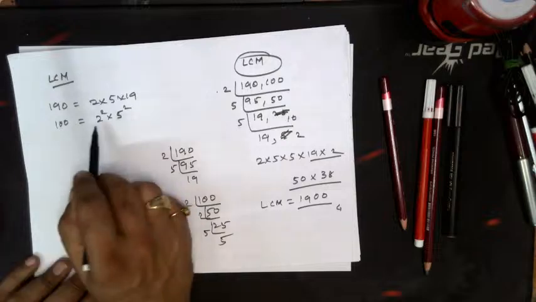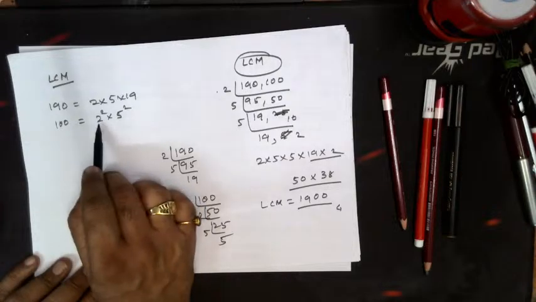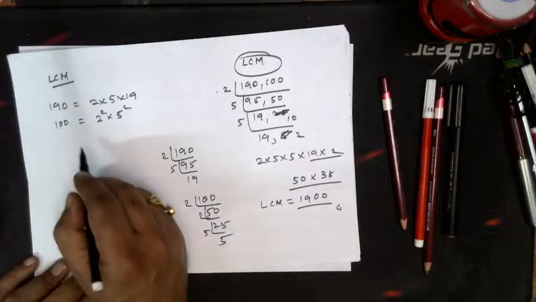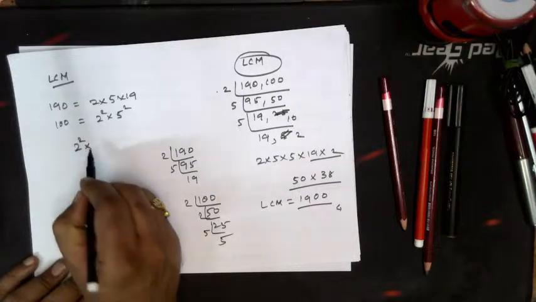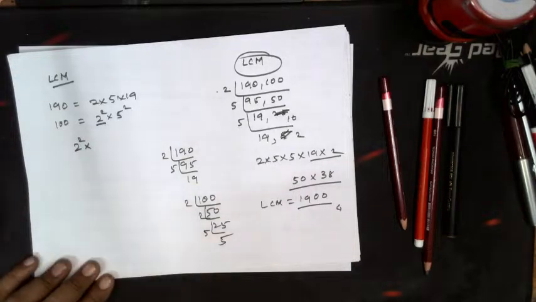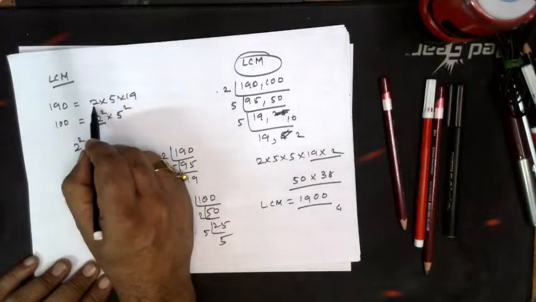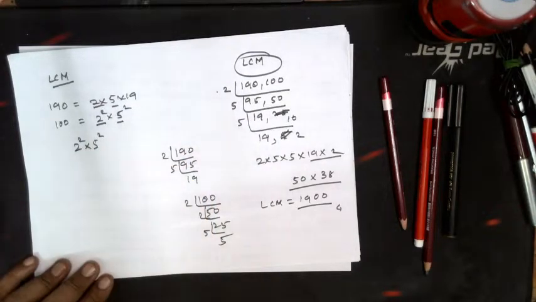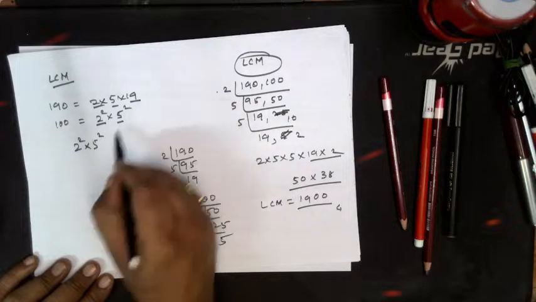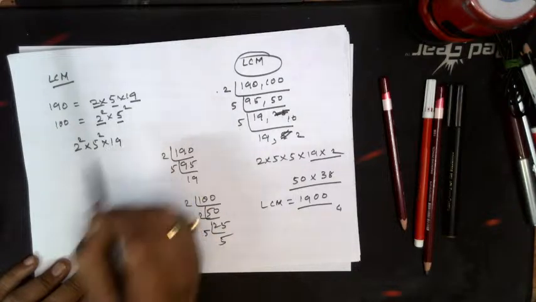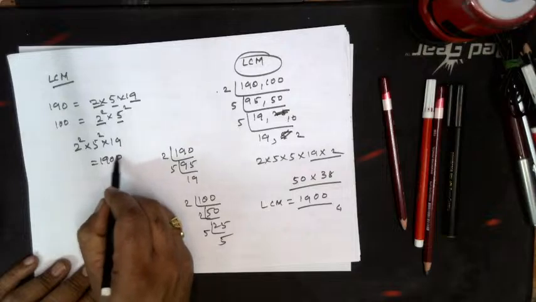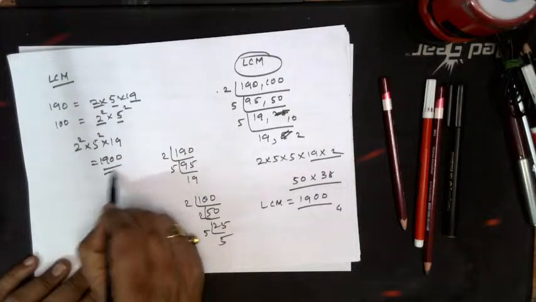So you can take this 2 squared and 5 squared. You have to consider the highest one, and the remaining should also be taken. So 19 into 19. Do you understand? Now you will get 1900. So LCM is 1900.